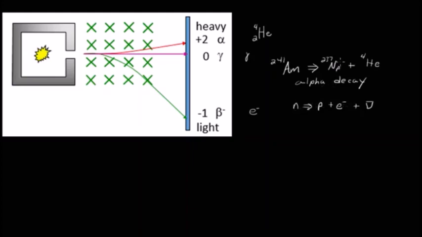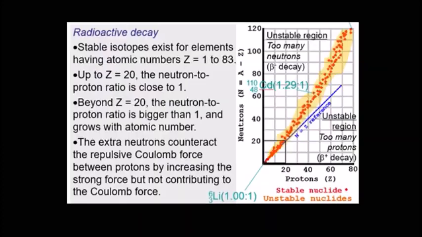All right, so there's what a decay looks like, and this happens because, remember we talked about coulombic forces versus the strong force in the nucleus of an atom. The coulombic forces want to push everything apart, but the strong force wants to hold everything together, but the strong force acts in a very narrow, very tiny space.